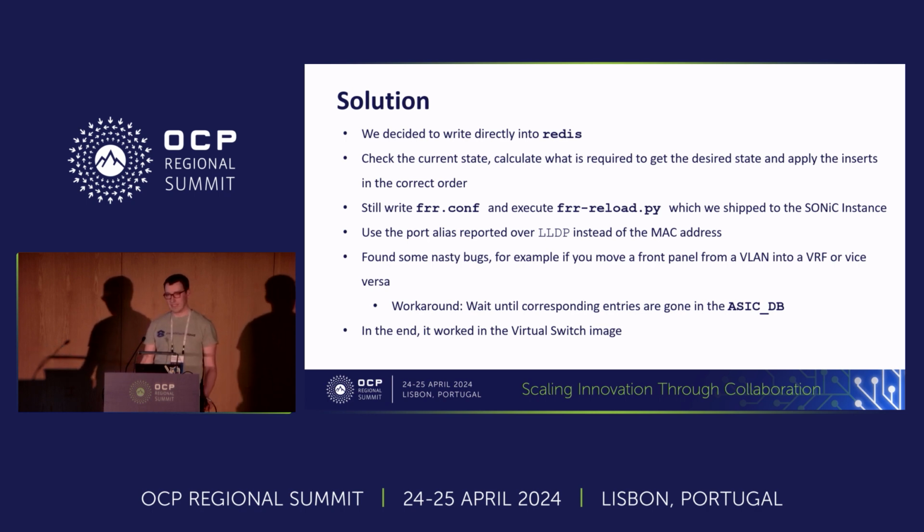So this means we really have to watch the ASIC DB and the state DB to figure out if this interface is still part of a VLAN after we trigger to remove it from a VLAN, and the other way around too, because if it's in a VRF and it's still in a VRF and I want to put it in a VLAN, everything crashes again and the whole switch is reset.